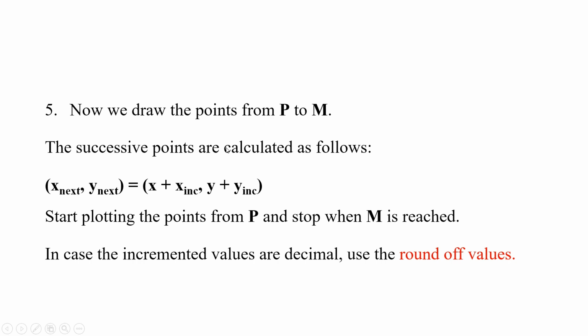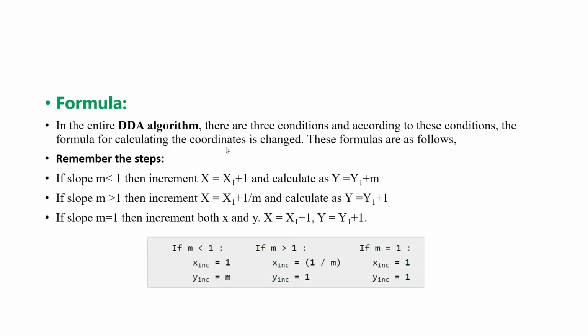After that, we draw the points between P and M. The next point is calculated as: x next, y next equal to x plus x increment, y plus y increment. We start plotting from point P, and the end point should be M. In case the increment value is a decimal, we use a round-off value for representation. Okay, we have some important conditions.